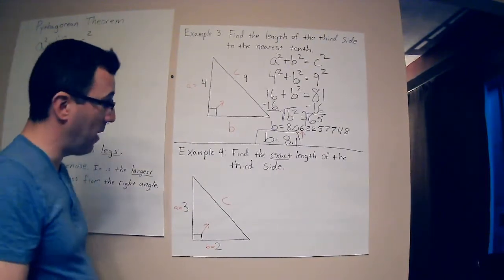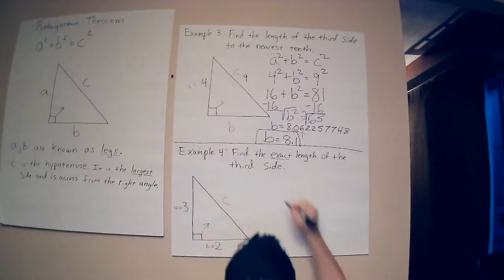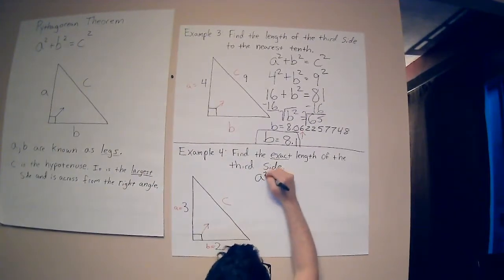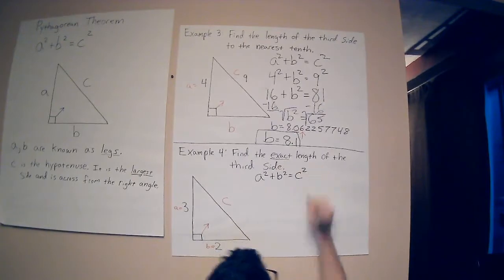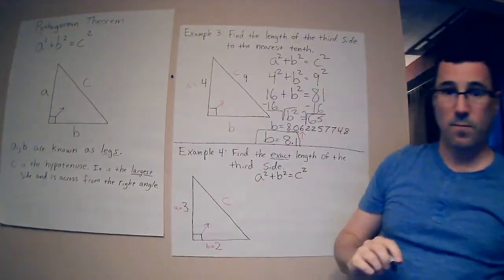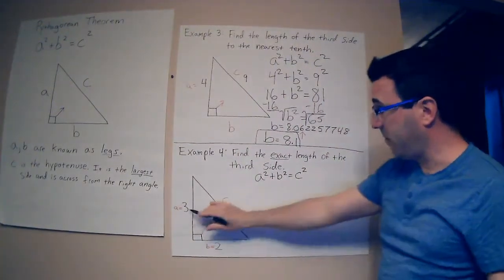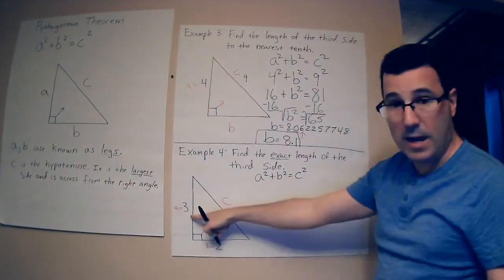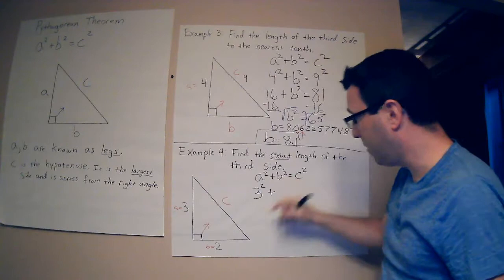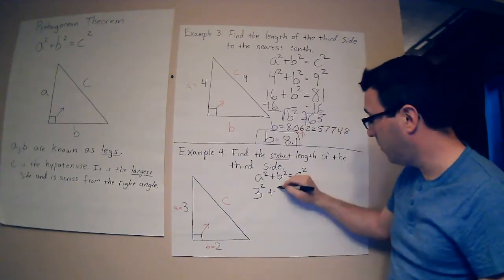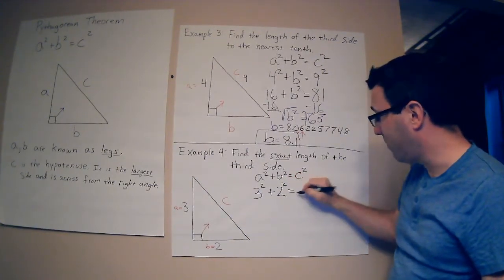And we're going to write the formula in again. A squared plus B squared equals C squared. And then we plug in. So A is 3 squared. B is 2 squared.